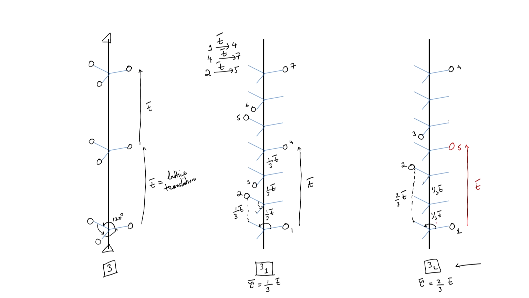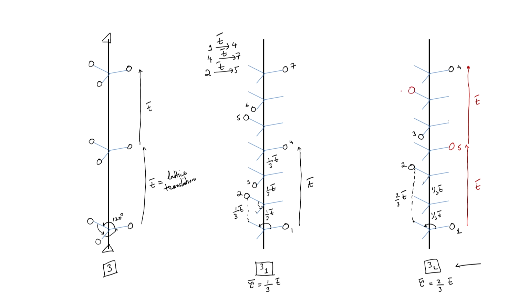So, 3 times 1/3 gives me the lattice translation. You can also see that you can go from 5 to 4 through another lattice translation. Then if I look at 2, I go 1, 2, 3, this becomes a lattice translation.